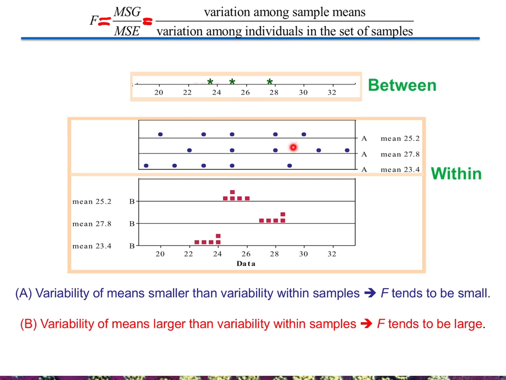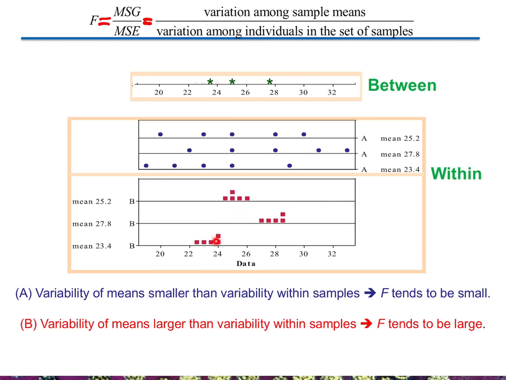You can tell that by looking at it because there's much more variation along the x-axis here than between the sample means. So, if you divide a small number by a large number, you get a small number. Think of dividing 1 by 4, you get 0.25. Divide a small number by a large number, you get a number less than 1, or a fraction.